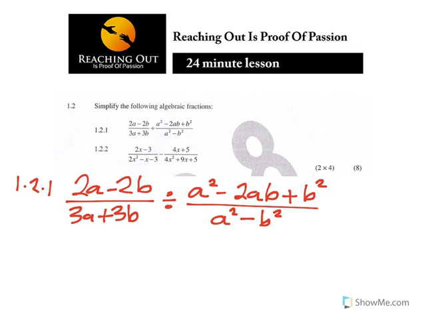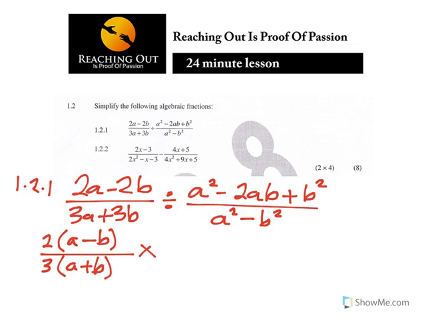You can factorize, take out 2, and you'll be left with a − b, over 3 is common, which leaves a + b. Now I'm going to introduce a multiplication sign.